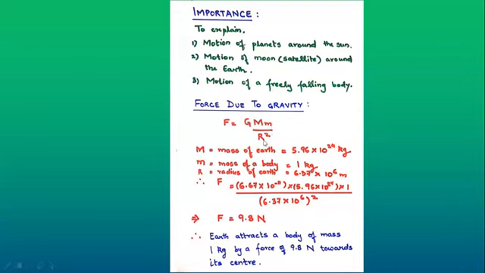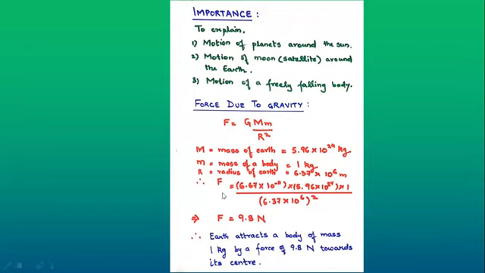For r, we take the radius of earth, because when any object present on the surface of earth is raised up, the distance is very small compared to the radius of the earth, so that distance we need not add. We consider the distance of separation between the earth and the body as equal to the radius of earth, which is 6.37 × 10^6 meter.